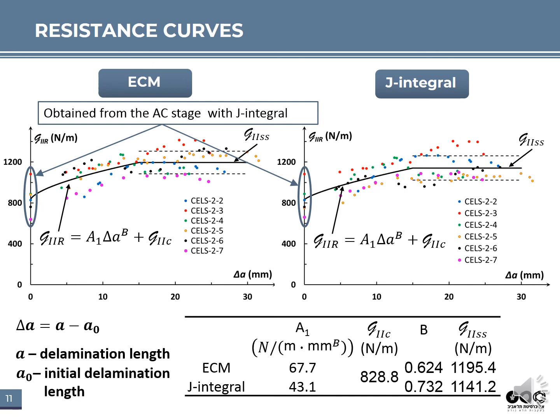And they were obtained by means of finite element analyses with the J integral. As the delamination extends, the curves increase until a steady state value of G2SS is reached, and using these curves, delamination resistance to propagation may be predicted.